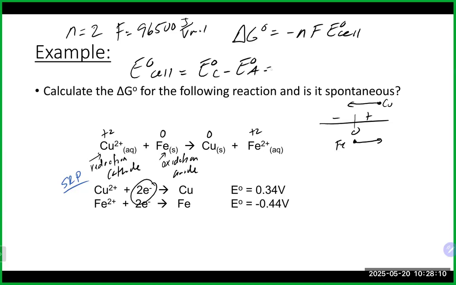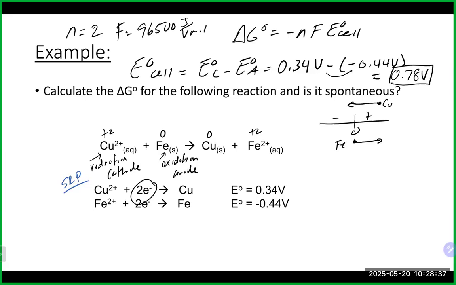Now that I've identified my cathode as the copper, we're going to take 0.34 volts minus a minus 0.44 volts. That's going to take care of my anode change right there. And that is going to get us 0.78 volts in this case.